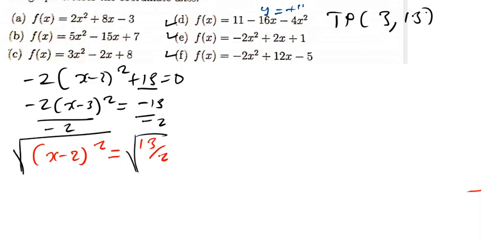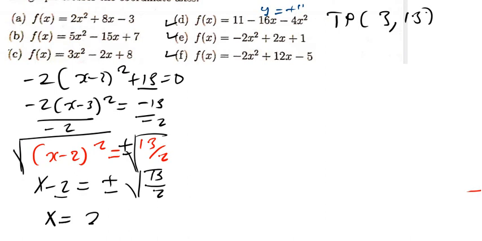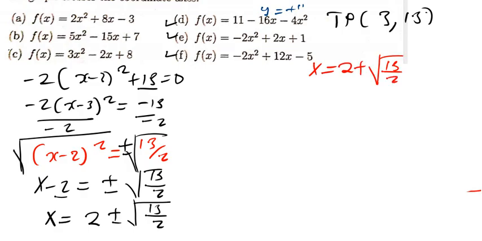Once I do that, put plus or minus here. So x minus 3 is equal to plus or minus root of 13 over 2. Shift this to go to the other side. Once you shift this, let it come here. You have seen, right? Then I have two answers. X is equal to 3 plus root of 13 over 2, or x should be 3 minus root of 13 over 2, like that.